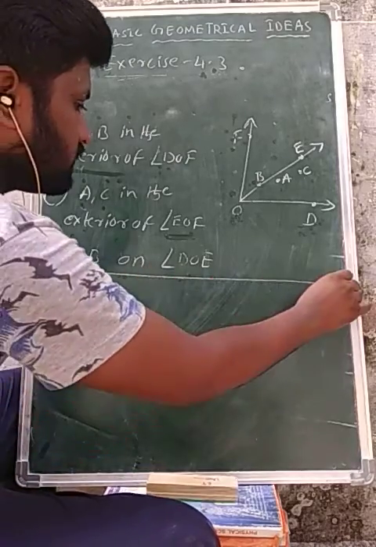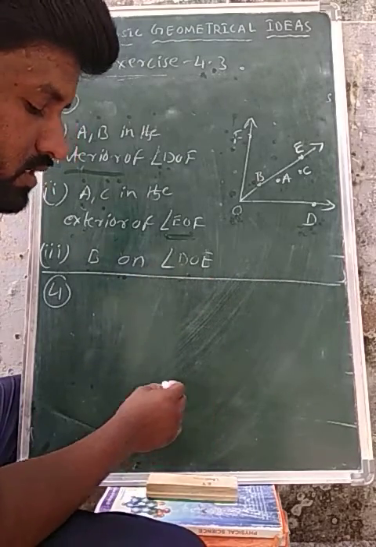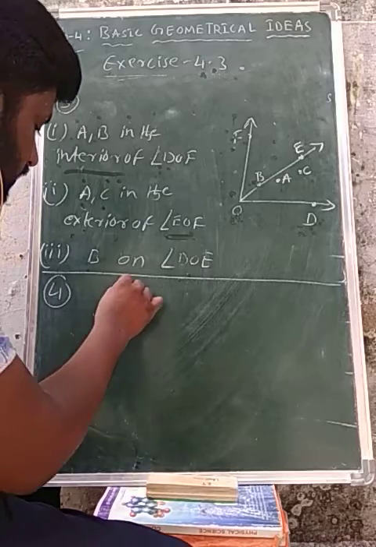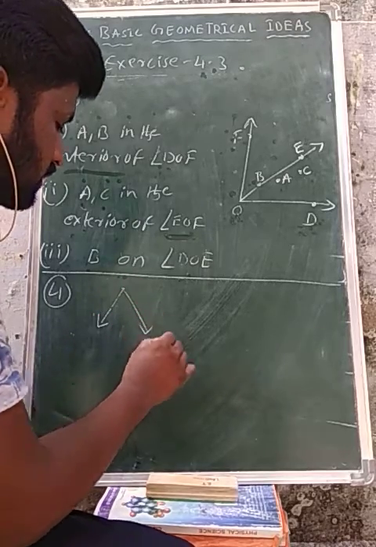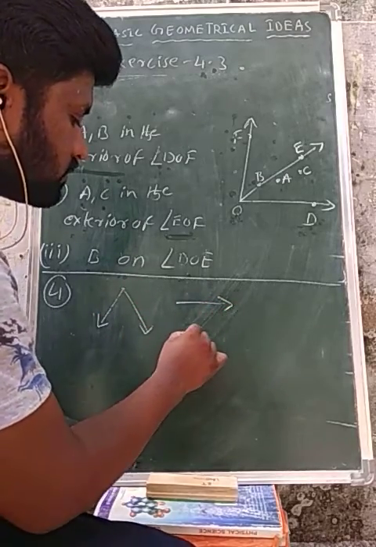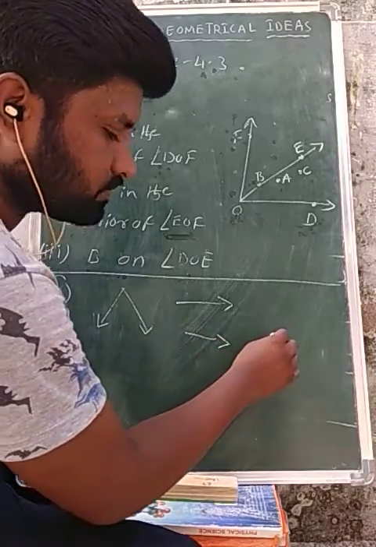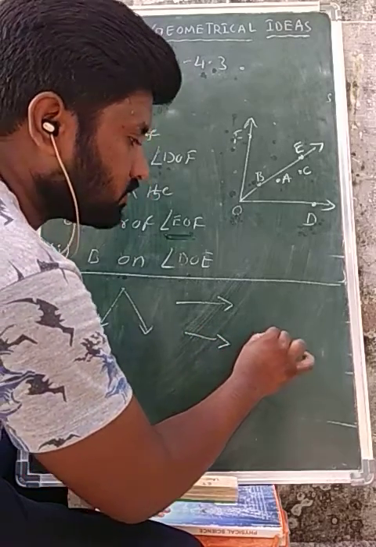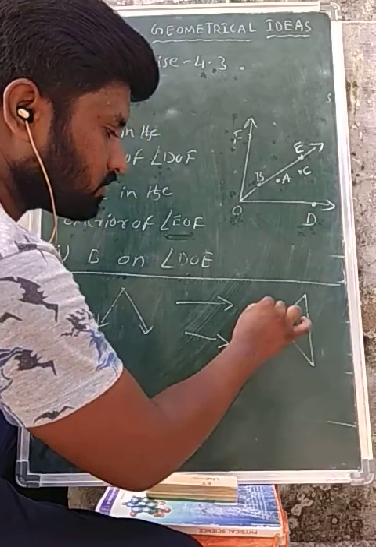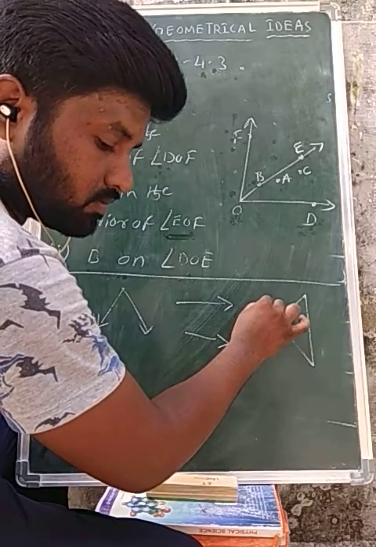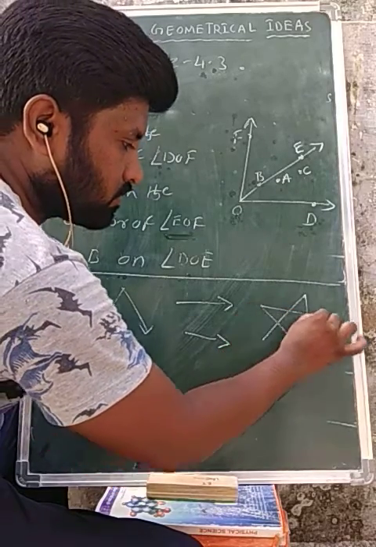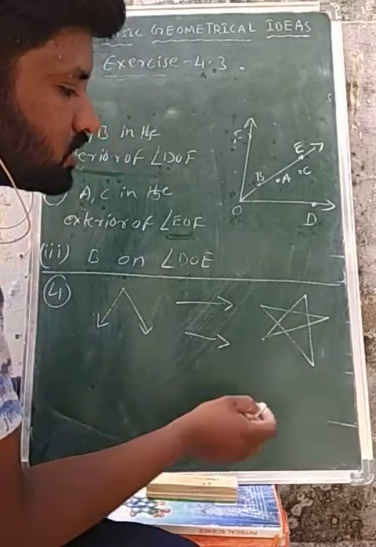Next, fourth one. There are given 4 figures like this. So this is the given figure.